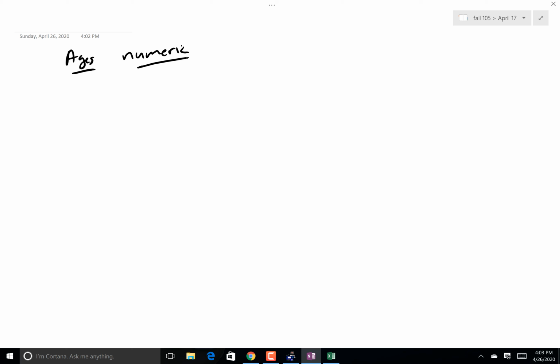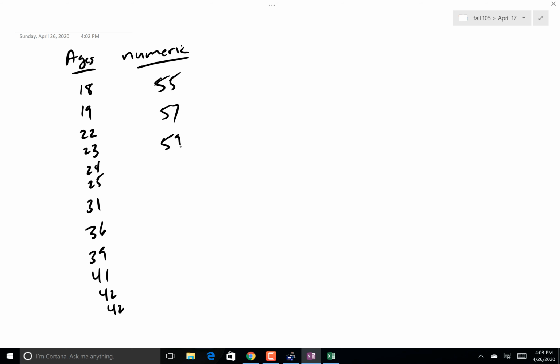Okay, but in the case of ages, if you have people that are lined up, they're anywhere from, I don't know, let's say the youngest person was 18. Like, I need to put all these people in groups.